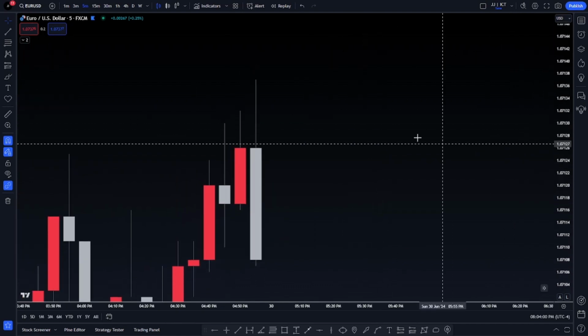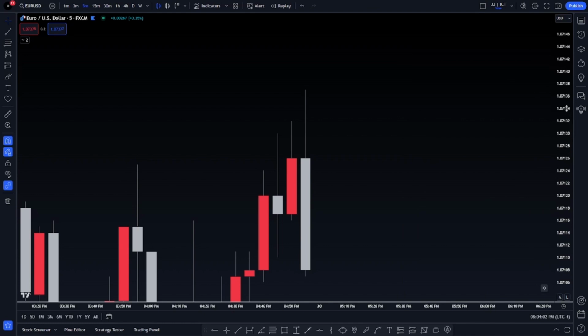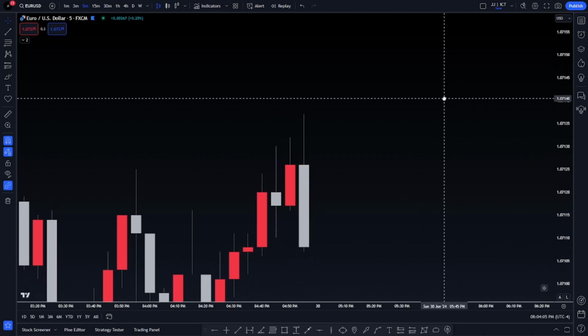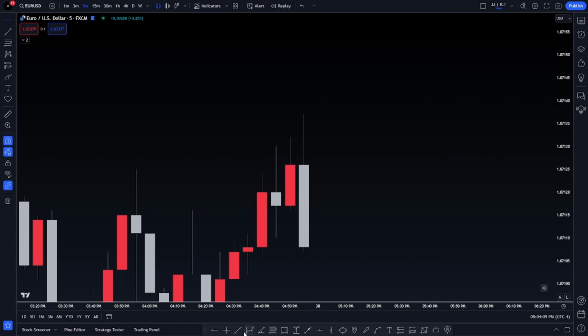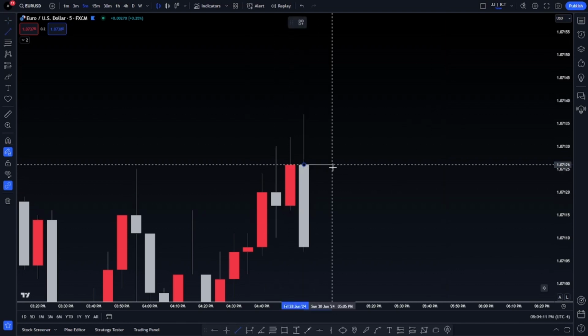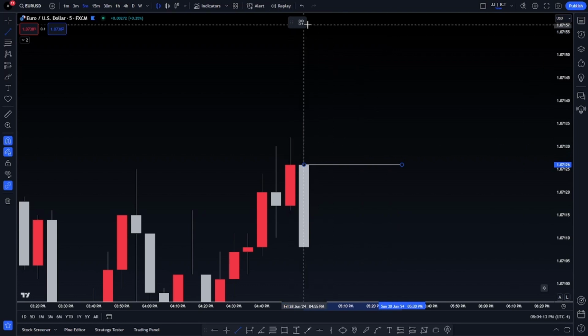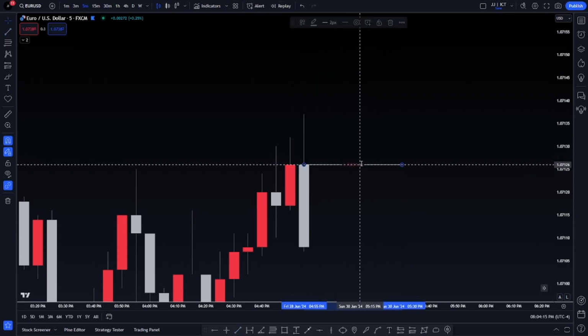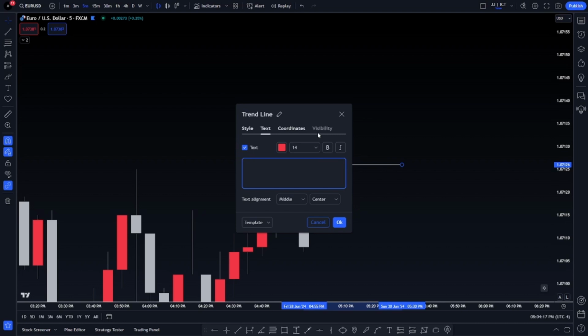So let me show you. With a bearish candle, the open is going to be above the close. So this would be the open of the candle. This right here. That would be the open of the candle. So let's mark this as open. Open of candle.